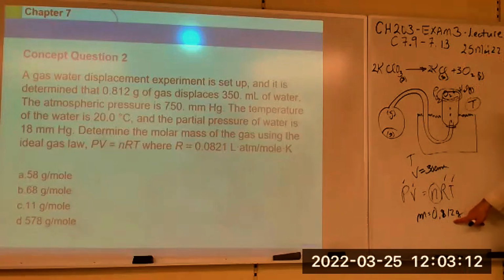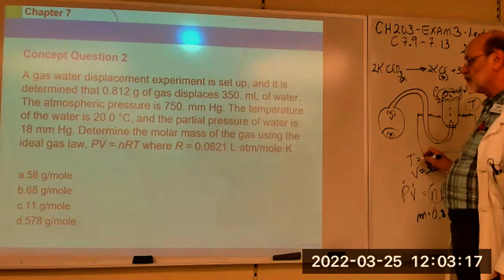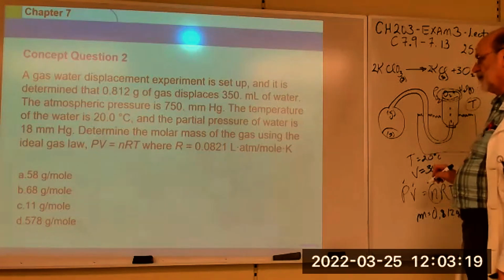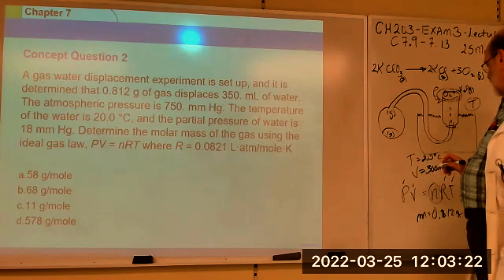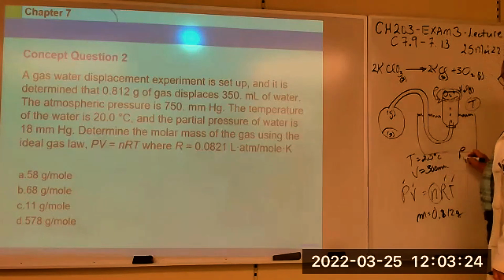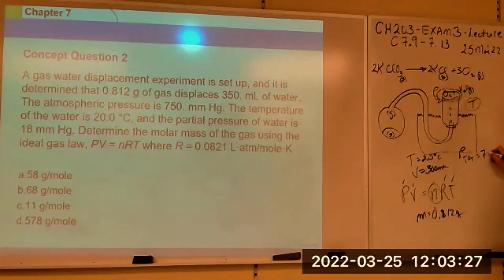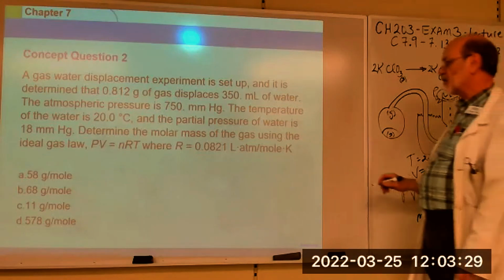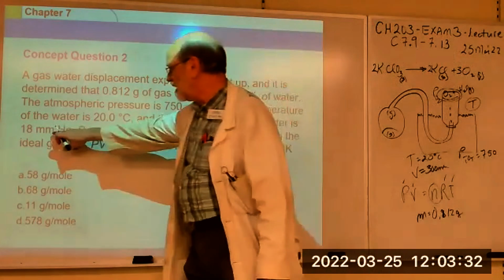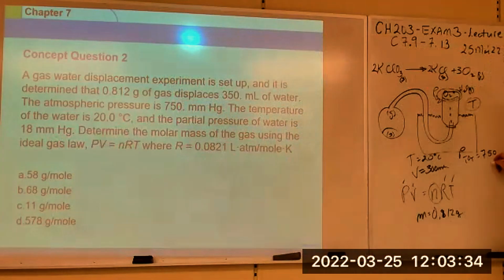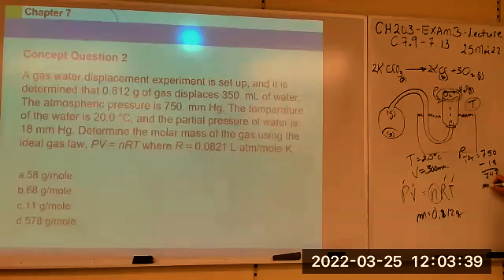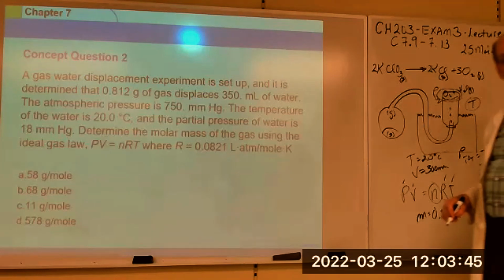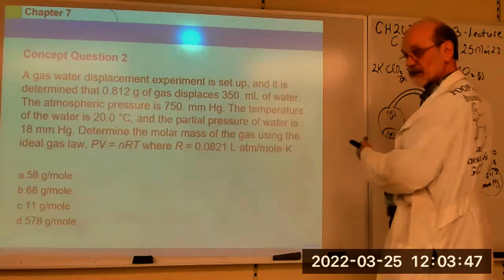We have grams. We can find moles from the information that's given, because the temperature is equal to 20 degrees, and the atmospheric pressure, the total pressure, is equal to 760, but the partial pressure of the water vapor is 18. So that's 742 millimeters of mercury, which is the pressure of the oxygen, or the gas that's collected.